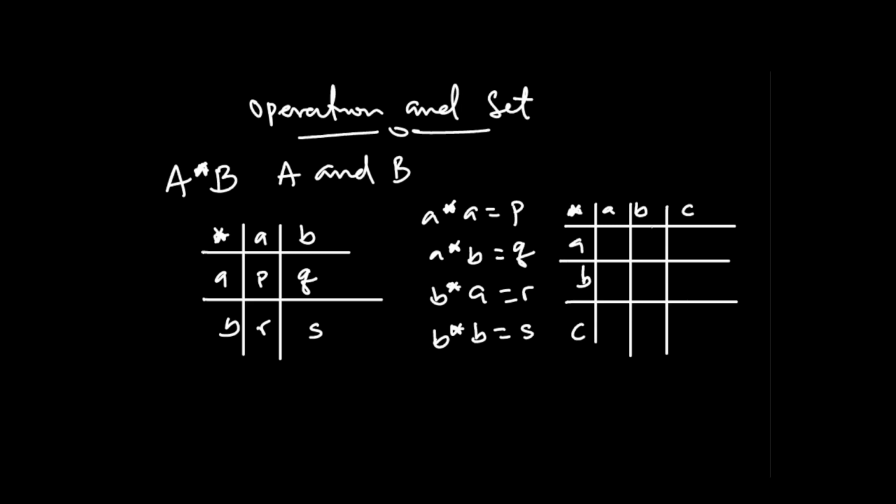A operation A, let's say that is P. A operation B, let's say that is Q. A operation C, let's say that is R. And B operation A is S. B operation B is T. B operation C is U. And C operation A is V. C operation B is W. And C operation C is X. So this is how you fill in all these tables.